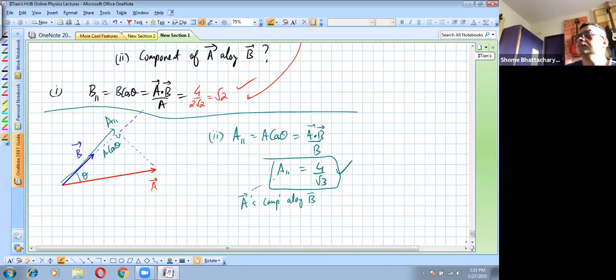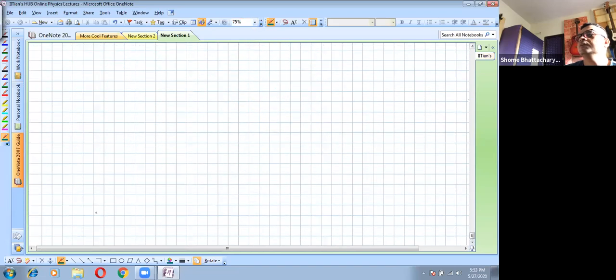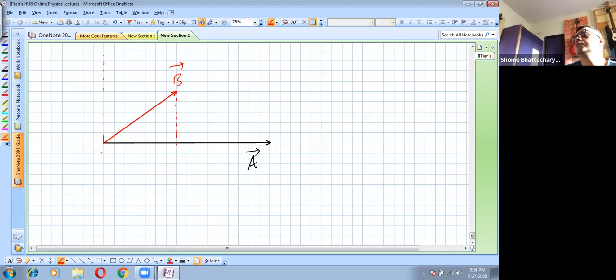Now from this, another interesting thing you can see is that once you have got one component, the other component can be calculated very easily. So going back to our earlier diagram, suppose this was my vector A, this was my vector B. We dropped a perpendicular onto this, and we also dropped a perpendicular onto this perpendicular line.